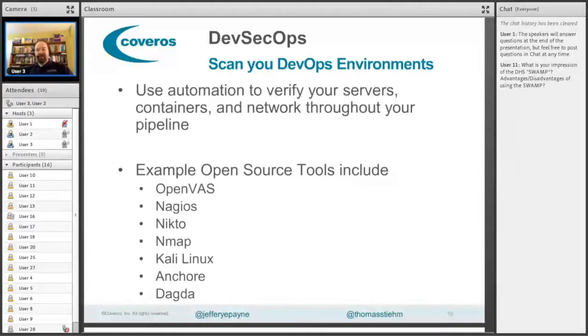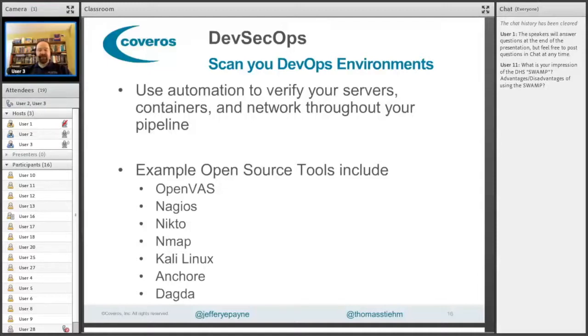The next thing that we always like to remember to do is, all the development stuff is really good and powerful, but don't forget your actual operating environments. And so part of the DevSecOps there is that there are a number of open source tools that will help you scan your environment and your network and make sure that you have closed anything in your production environment that is open by default, hardened your production environment. Tools like OpenVAS that scans your servers themselves.